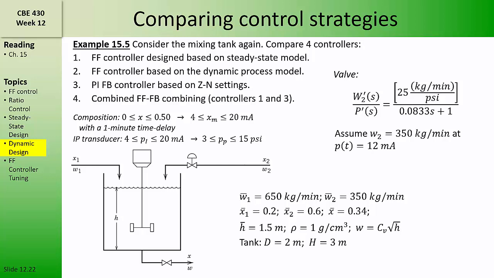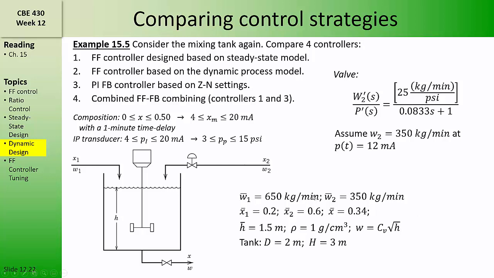There will be an IP transducer which behaves as a gain, converting a signal on the 4 to 20 milliamp scale to a pressure signal on the 3 to 15 psi scale. The valve has a gain of 25 kilograms per minute per psi and a time constant of 5 seconds, or 0.0833 minutes. We'll assume that W2 is at 350 kilograms per minute when the controller output signal is 12 milliamps.